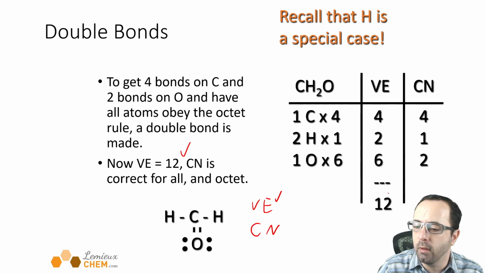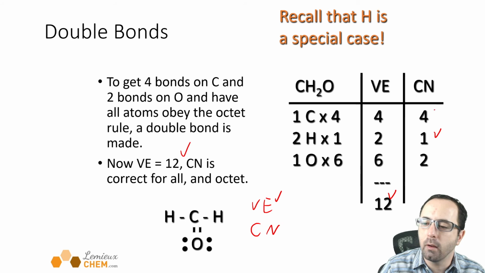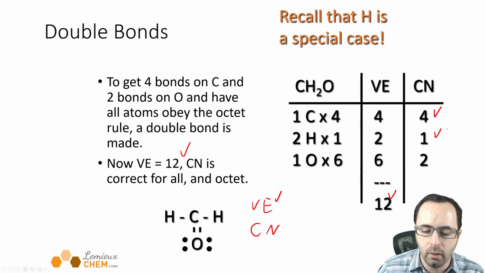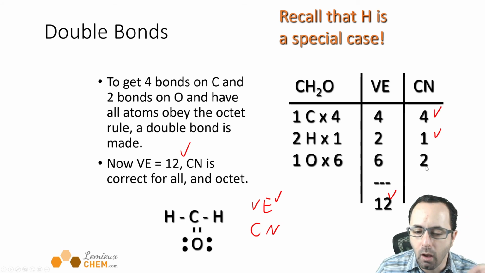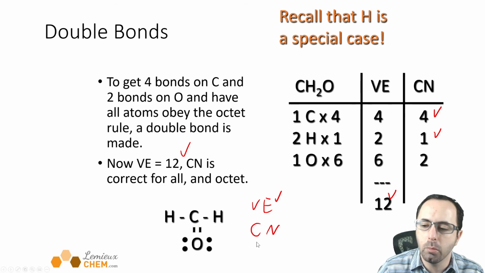Is carbon making 4 bonds? 1, 2, and then 3, 4. 2 in the double bond, 4 bonds altogether. Yes, carbon is obeying its covalence number. Is oxygen making 2 bonds? 1, 2. 2 bonds. Yes, oxygen is making 2 bonds. So its covalence number rule is obeyed.